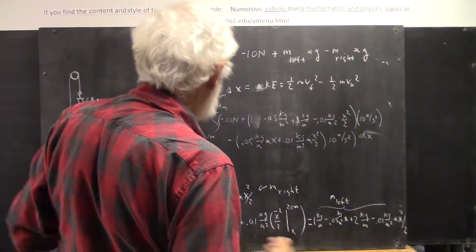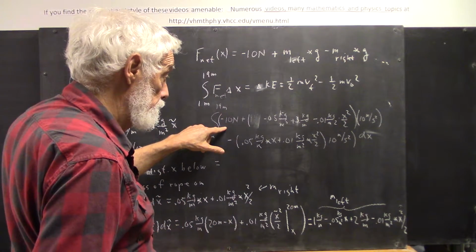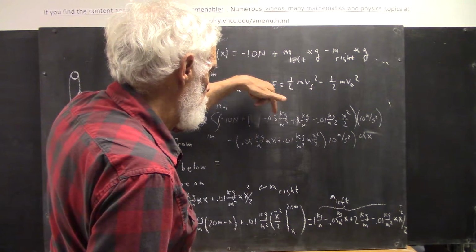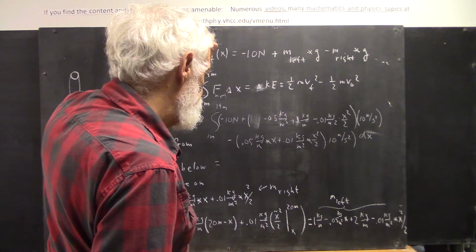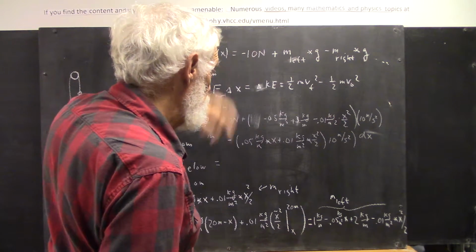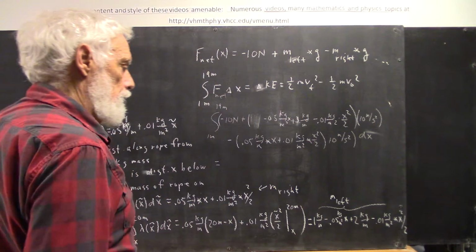Now if we collect all this, we have the negative 10 newtons here. We're going to have minus 0.05 kilogram per meter squared times x, and I left the x off of that.